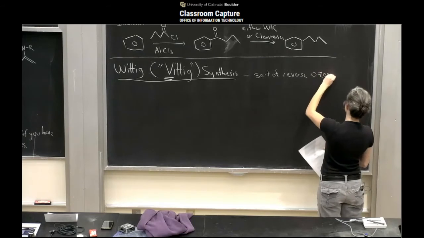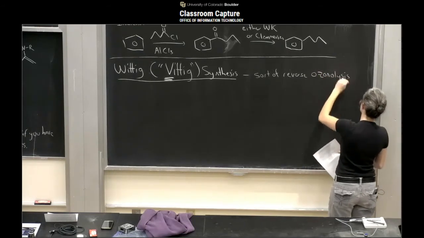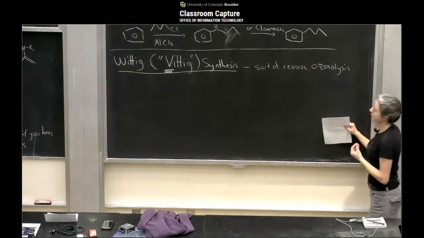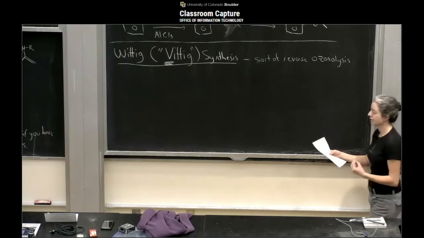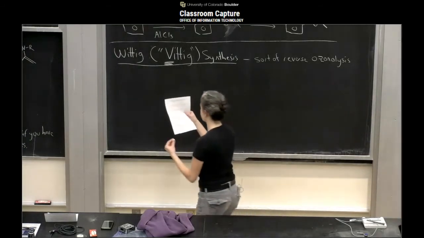It uses totally different reagents, and it's not at all the same mechanism, but at least conceptually, in terms of what you're doing to the molecule, you can think of it as the opposite of ozonolysis in some ways.